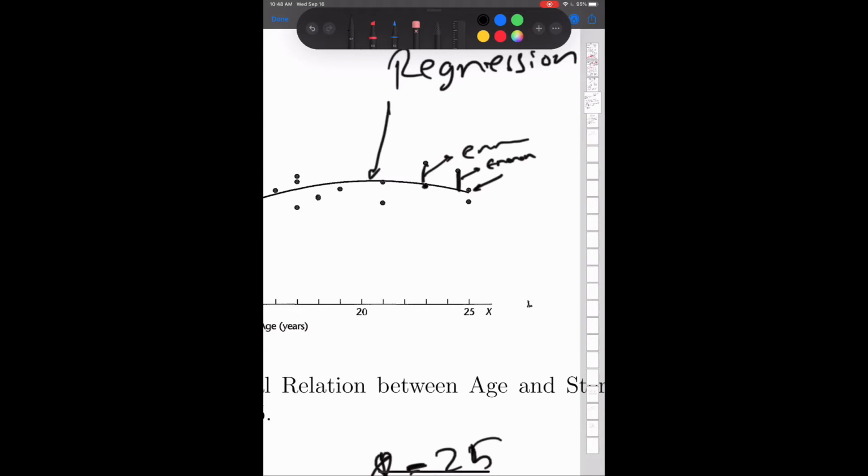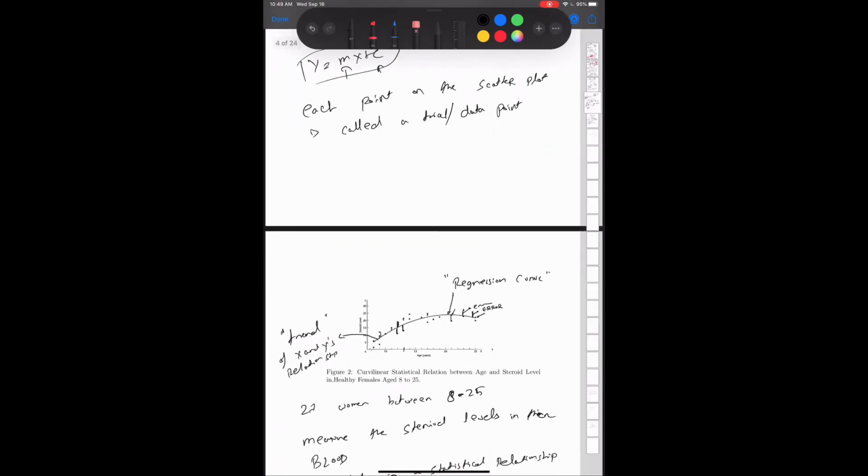Maybe I should erase this and write it properly. This is the error. For this guy here, the error is small. Again, for this guy, the error is this. The error is how far it is off the regression line, or the regression curve. So that's a very standard notation we'll use, and we will use this again and again.